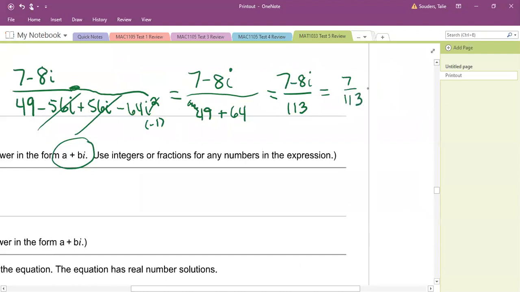So you could write 7 over 113 minus 8 over 113 i. If it's simplified, you'd have to simplify it, but 7 and 8 do not go into 113, so you are good to go. They don't have any common factors either.